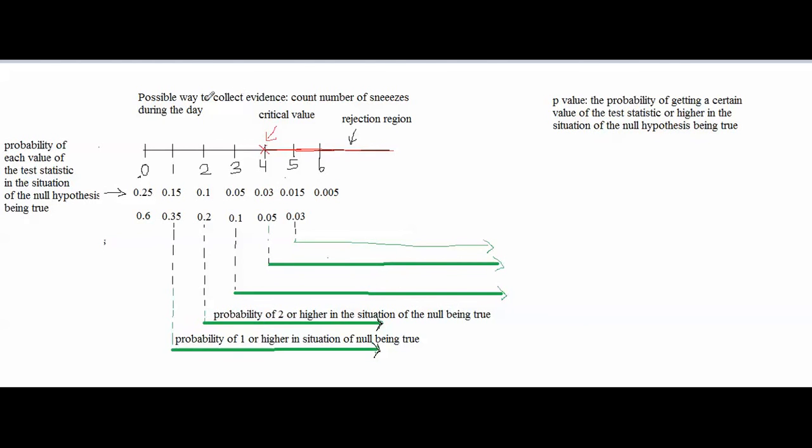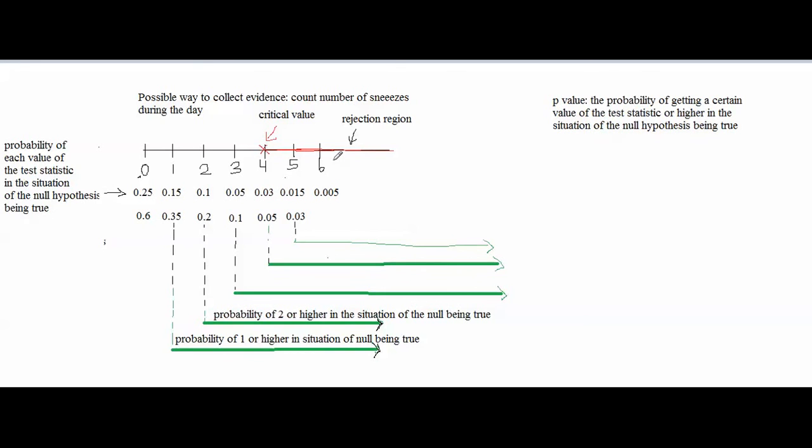So I guess in this example, we're imagining that only six sneezes are possible on a day when I don't have a cold. Meaning, we're imagining that if the null hypothesis is true, then the number of sneezes will never go above 6.